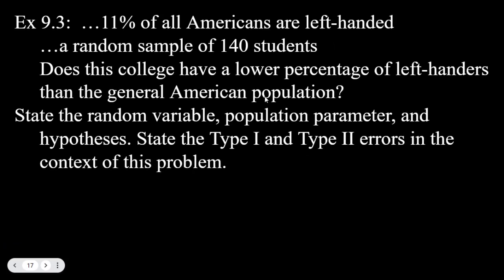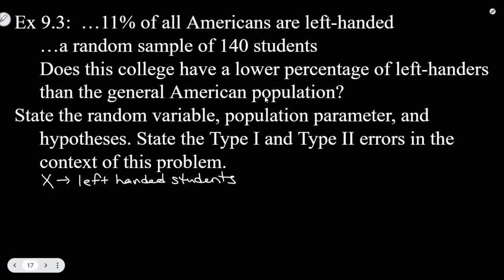So now that I have a little bit more space to work with, let's go ahead and do this. State the random variable. Well, the random variable we'll call X, and that is the left-handed students. Okay, that would be our random variable.